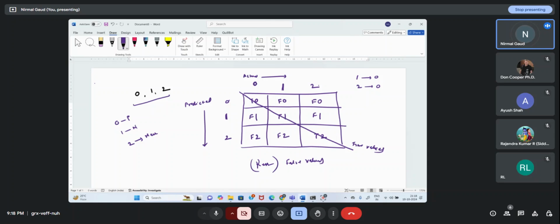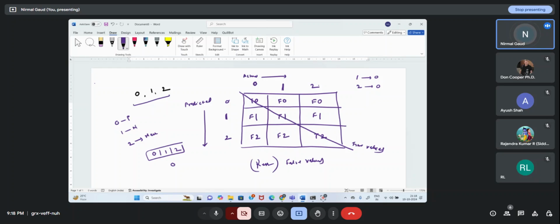So the model was confused in differentiating 0, 1, and 2, and it gave the answer as 0 only. Somewhere the model was confused among these three and gave the answer as 1. Somewhere the model was confused again among these three and gave the answer as 2.